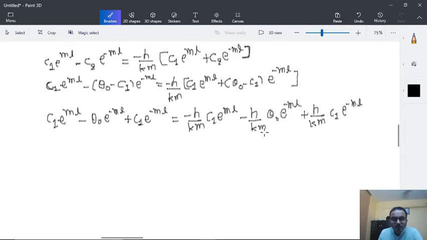Okay, what we are going to do now is take the C1 terms together on the left hand side and the theta terms together on the right hand side.